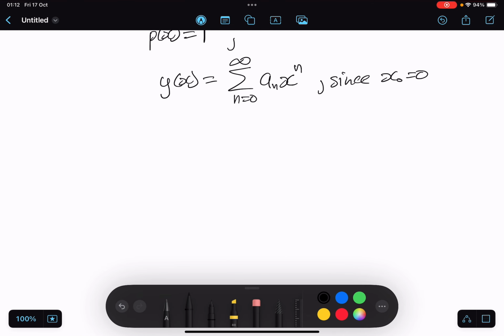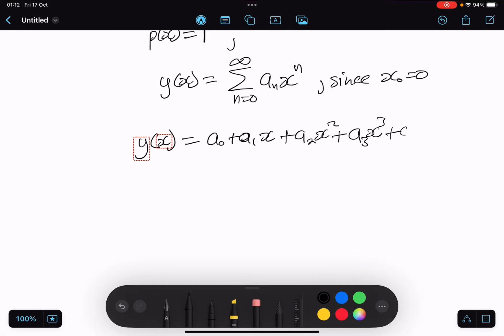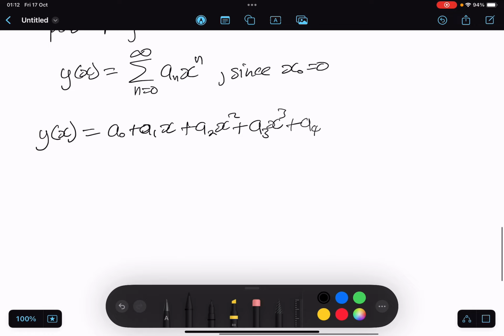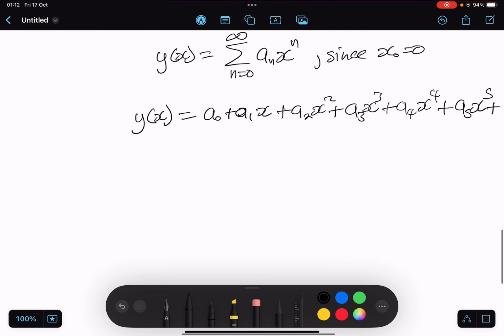So now allow me to write this as y of x equals a naught plus a1 x plus a2 x squared plus a3 x cubed plus a4 x to the power 4 plus a5 x to the power 5 plus it continues, right, till infinity.